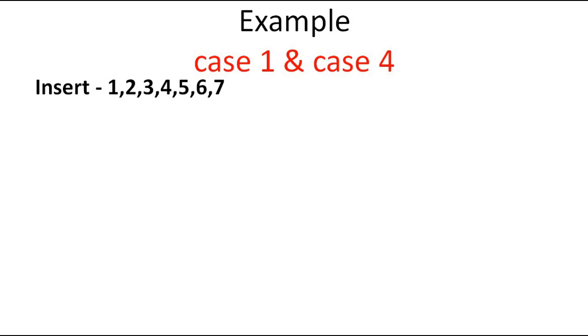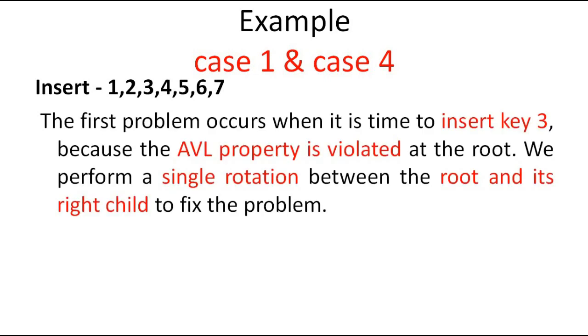When you are inserting the values 1, 2, 3, 4, 5, 6 or 7, we will check with some rotations. When you insert the key 3, we will come to a problem, that is the imbalance problem.